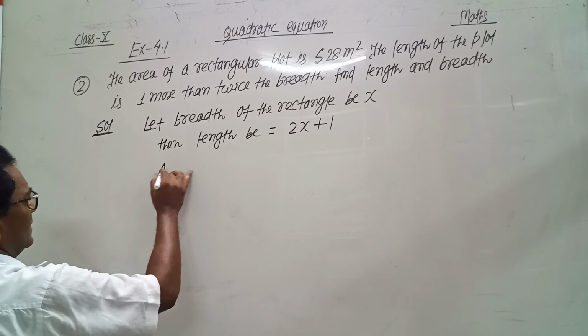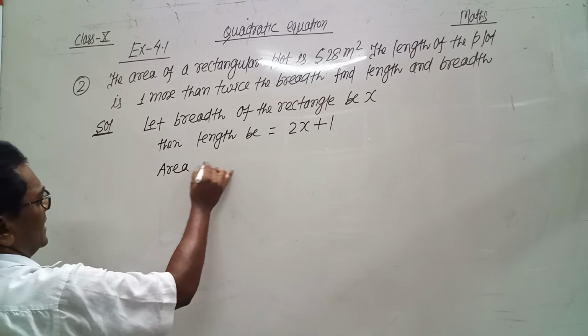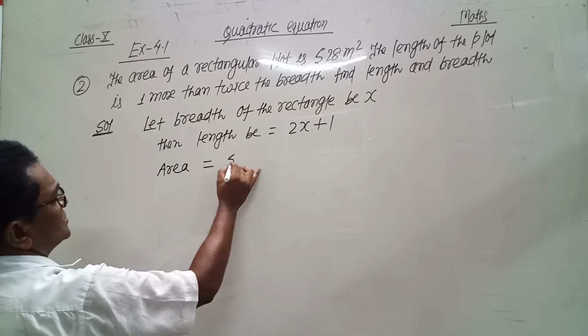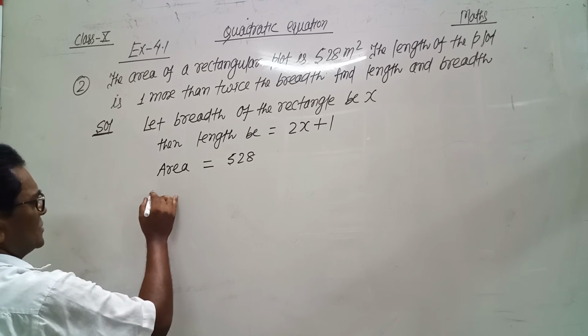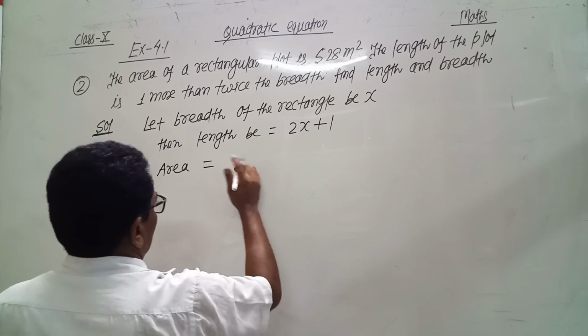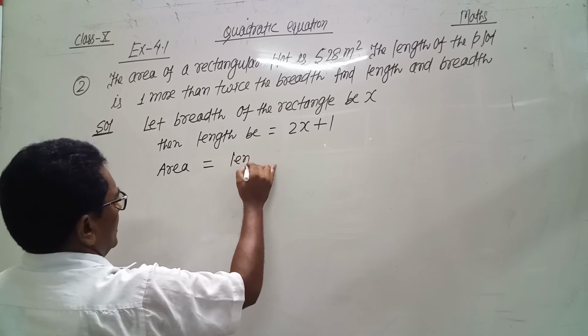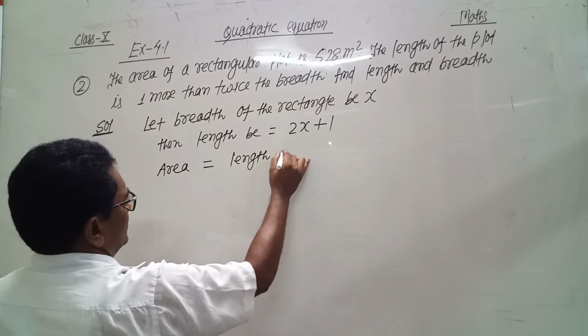Now we are given the area of the rectangle. Area is 528, and we know area equals length into breadth.